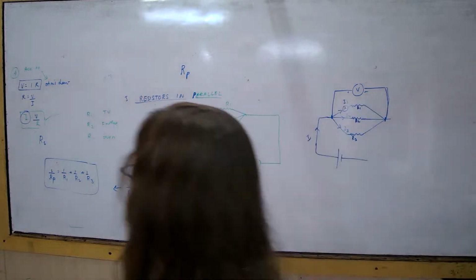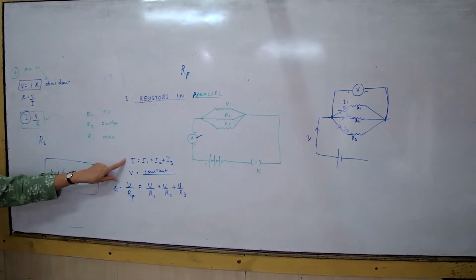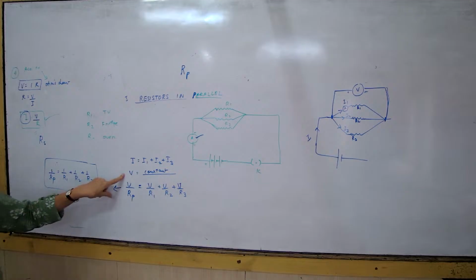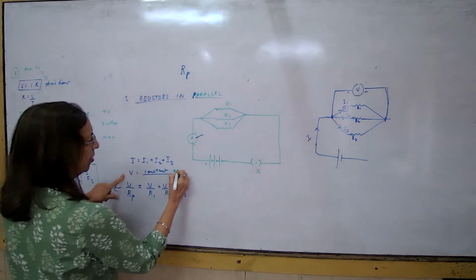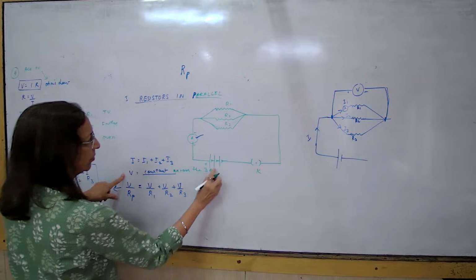It is seen that I is equal to I1 plus I2 plus I3, and V is a constant across all the three resistors.